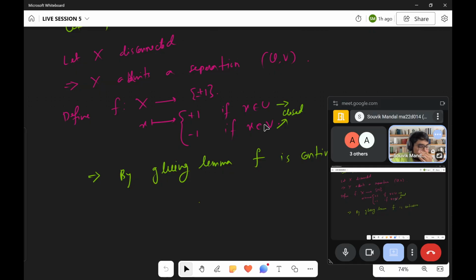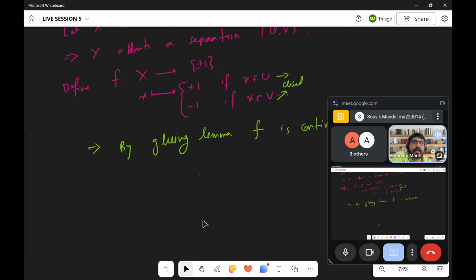So I hope everybody understood this argument, this solution. This particular theorem gives a criterion for checking connectedness. Now let me show you the utility of this type of function.